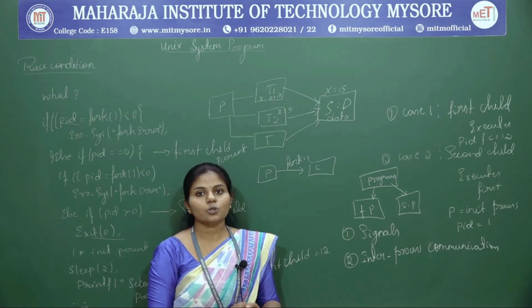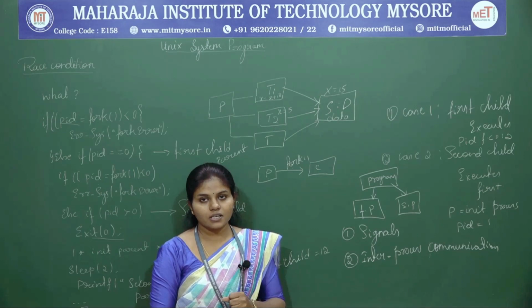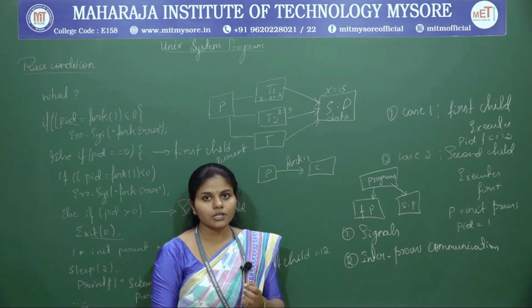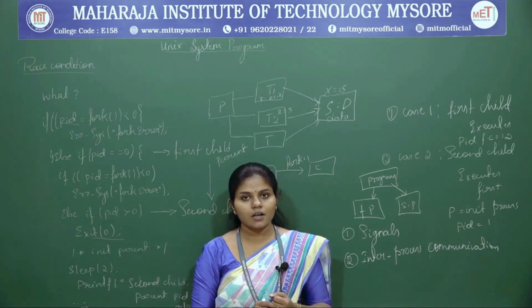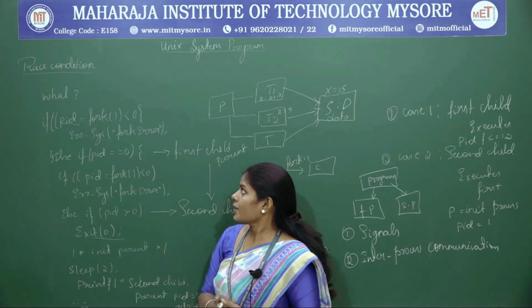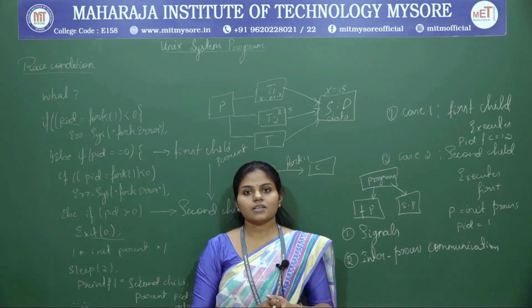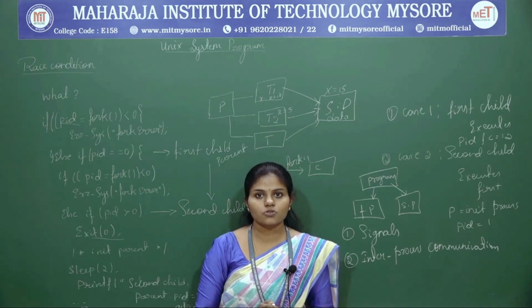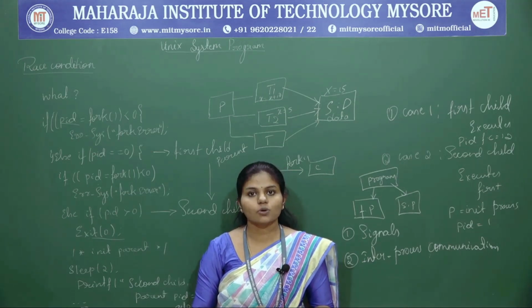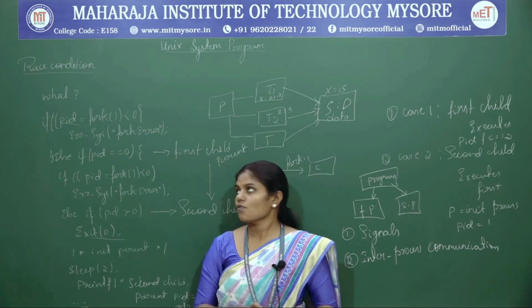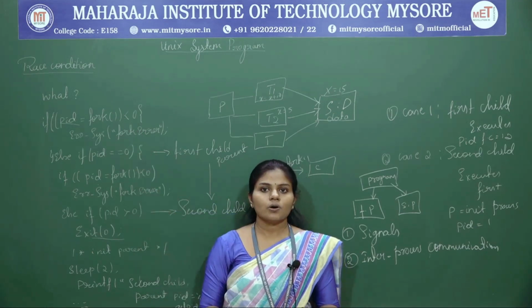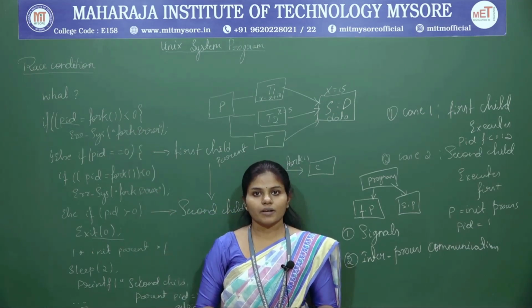We have 5 important signals, which are called macros or functions, used by the kernel for solving the race condition. Let me explain the 5 important signals we use for avoiding the race condition one by one.